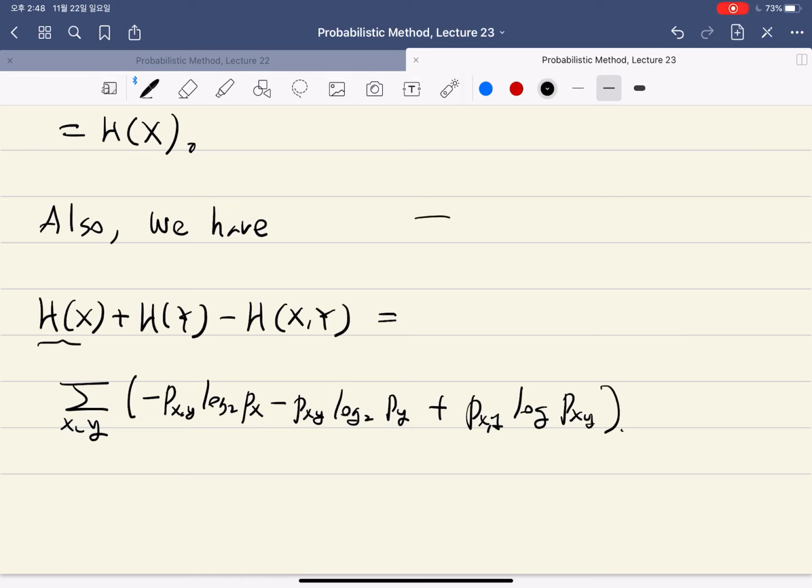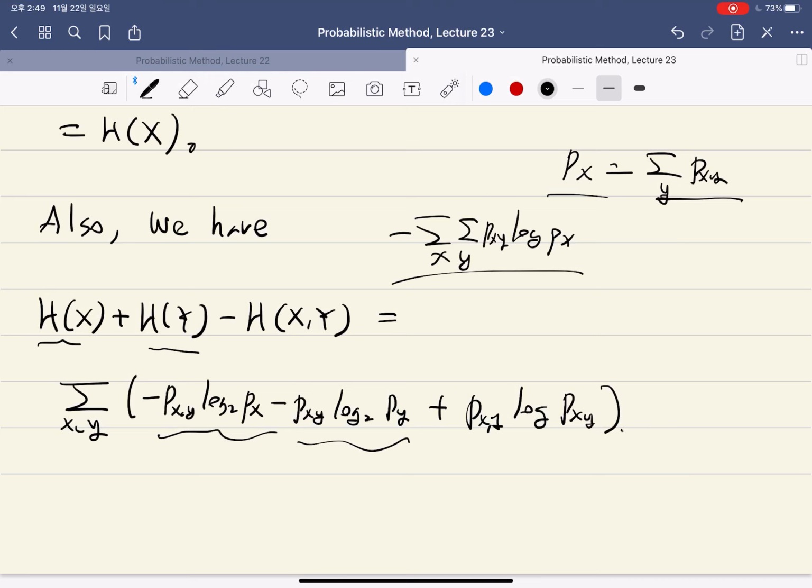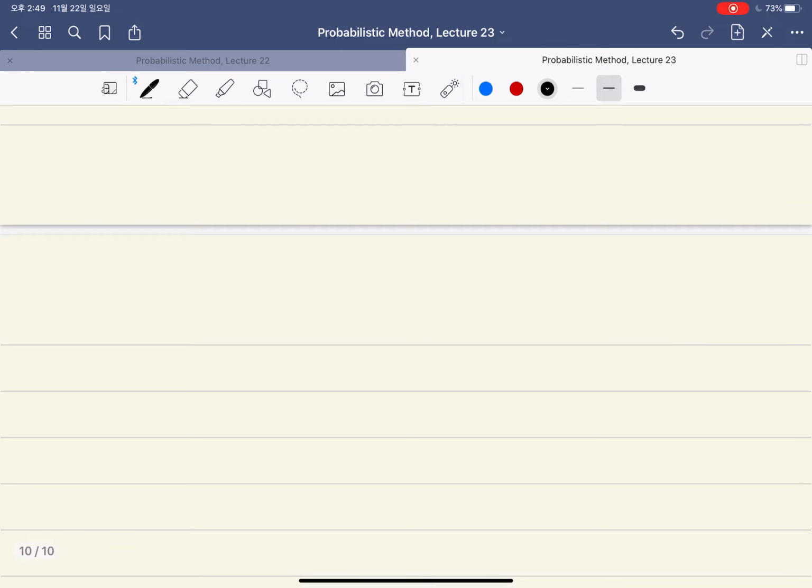So this is the summation over x, px log px. You can add this because px is the same as the sum over all y of pxy. If you add these events' probabilities together, then you get this. So you can further divide it into pxy. That's how you get this. And the same way, entropy of y can be written here, and entropy of xy can be written in this way.